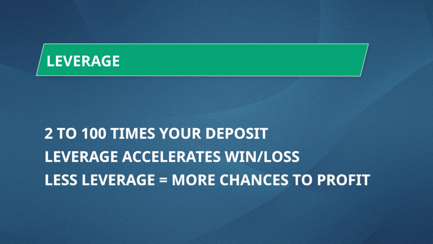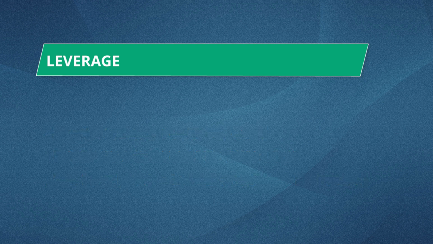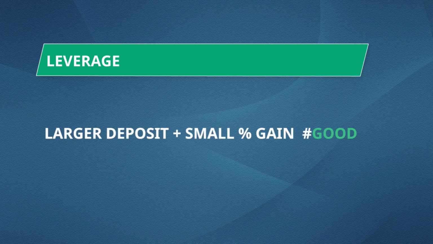As a rule of thumb, the less leverage you use, the more chances you have to be profitable. That's why it is important to be realistic in setting profit goals. Gaining less profit is the more realistic goal. If you have a larger deposit, it is acceptable to gain a smaller percentage because the gain will have a satisfactory dollar value.